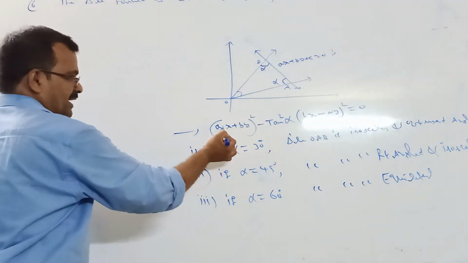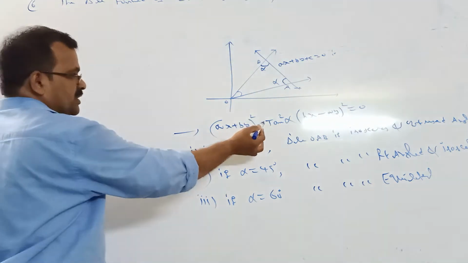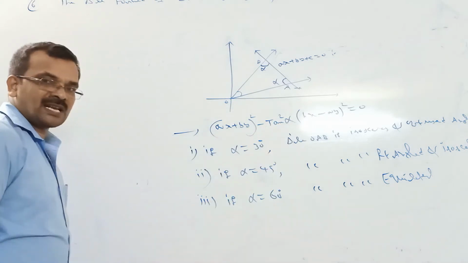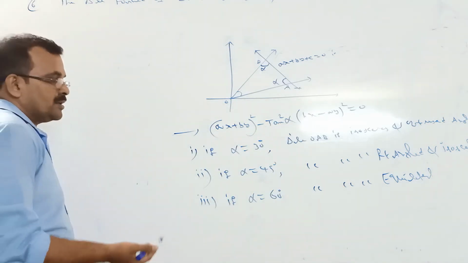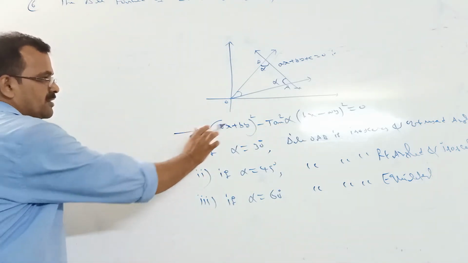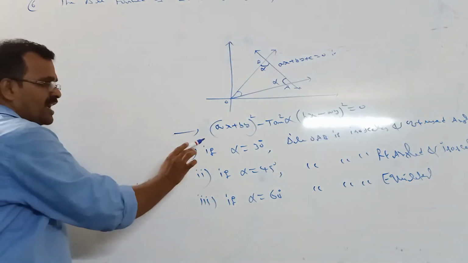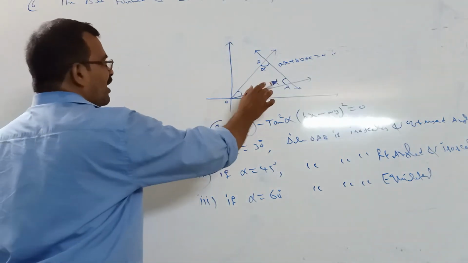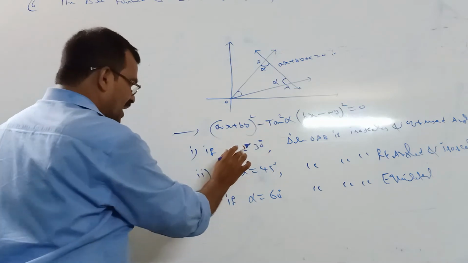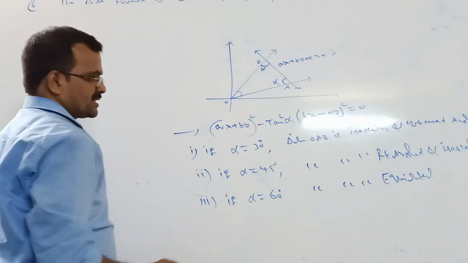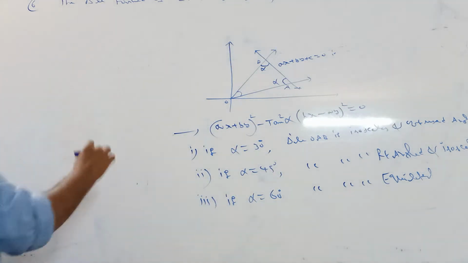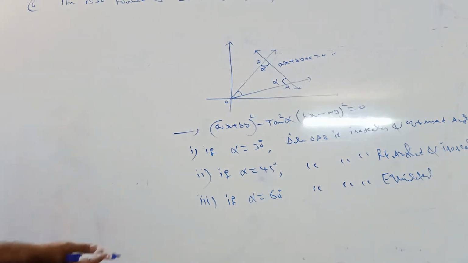And before the sum, I get the formula (ax plus by) whole square minus 3 into (bx minus ay) whole square. So this is our concept. This is our standard equation of the pair of lines making equal angles alpha with the given line. According to this, there are three statements. So if this type is given, you can check it.